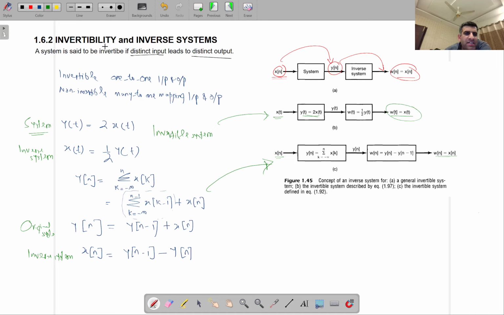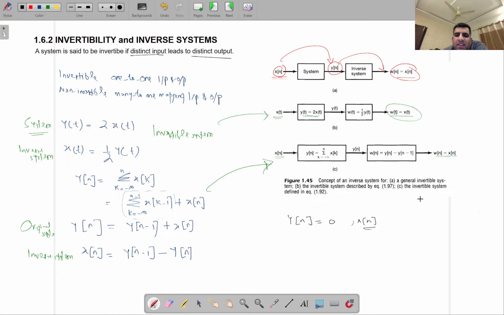Okay, so let's take a look at a few examples where you won't be able to get back to the input, where there is no more one-to-one unique mapping. One very simple example is y of n is equal to 0. Essentially this is a system for which any input, irrespective of what the input is, the output is always going to be equal to 0.